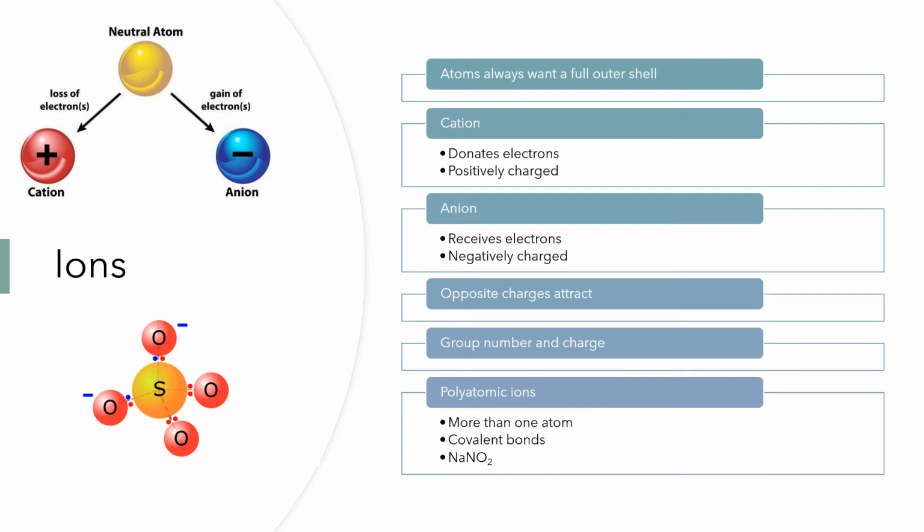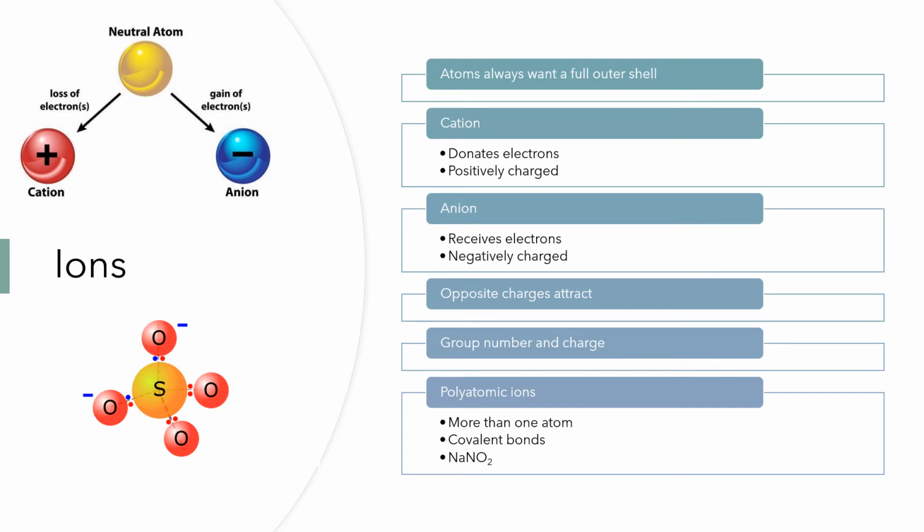It's important to know that atoms always want a full outer shell. Depending on what their valence shell is, they usually want 8 electrons in the outermost shell. In order to do this, they could lose electrons or they could gain electrons.